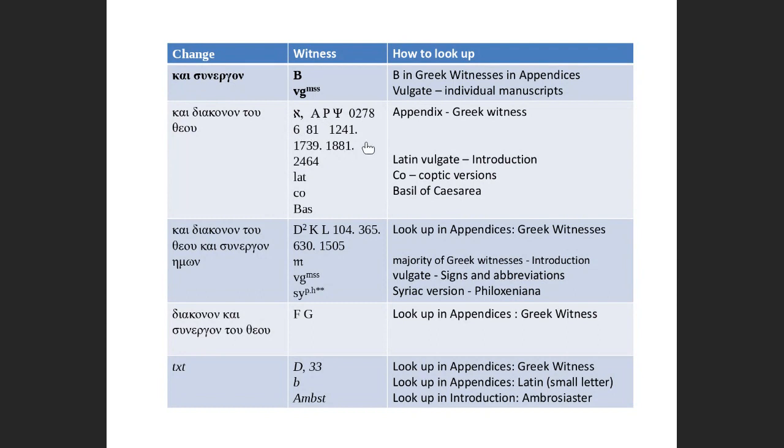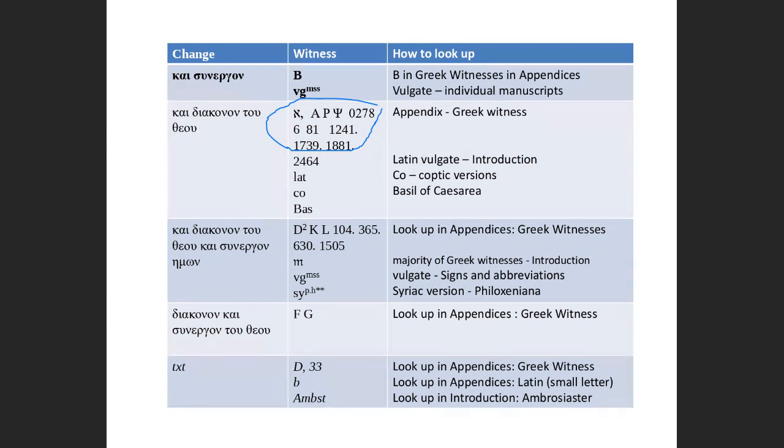Most of these early ones are Greek witnesses, as you notice here. And later you get to the Vulgate and Basil of Caesarea, one of the early bishops who included the information in his sermons. Okay, so that has Greek witnesses.